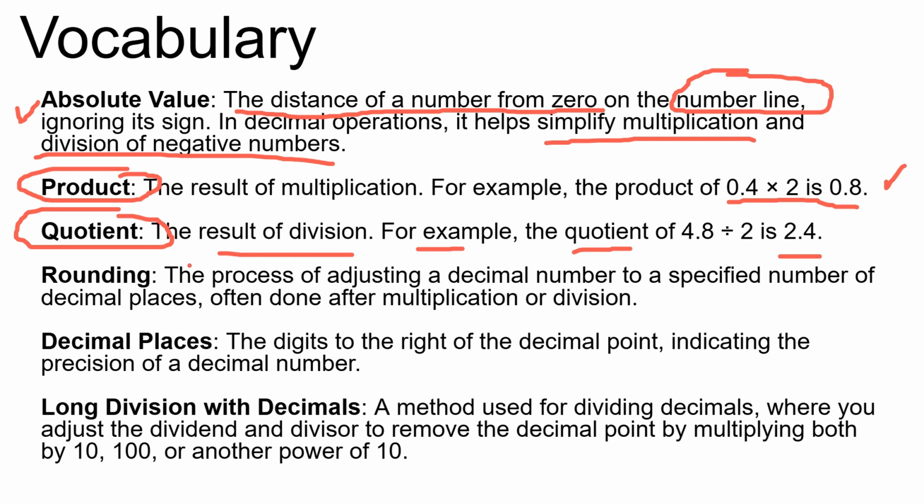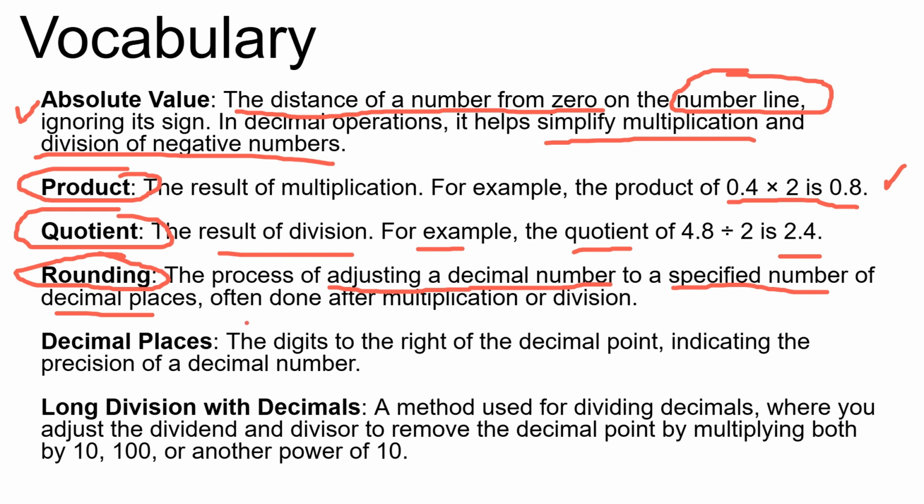And then rounding. We will encounter this in our examples. Rounding means the process of adjusting a decimal number to a specified number of decimal places.